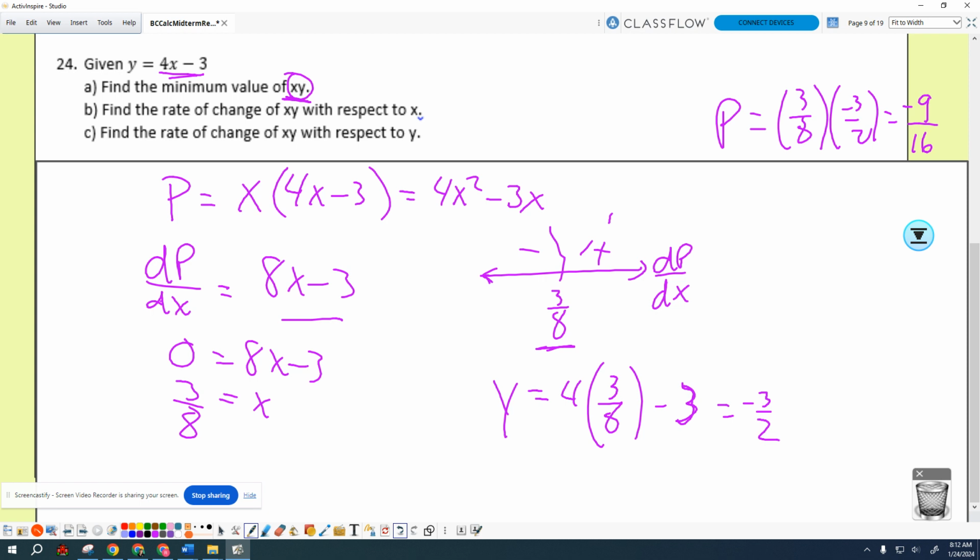And we've done the B and C, you just solve for x and do the derivatives, or solve for y and do the derivatives, it doesn't matter. Is it the minimum value of x times y? Yes. So what is the smallest of these two numbers multiplied together? Well, we found x when we did our critical points.